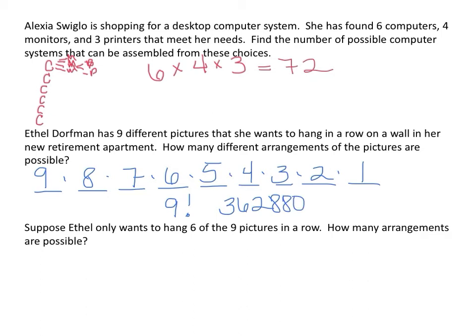Now suppose that Ethel gets to pick her 6 favorite grandchildren. How many arrangements are then possible? So again, we've got 6 choices, but we have 9 pictures that can go in the first slot. 8, 7, 6, 5, and 4.